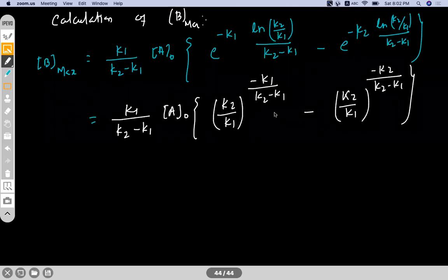Correct. Now you just take the LCM and solve this. This expression will get cancelled. We have K1 by K2 minus K1 A naught.